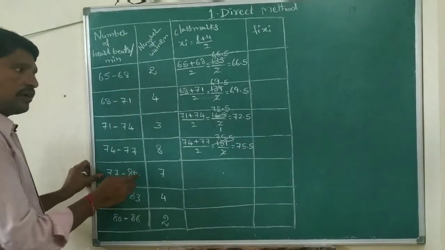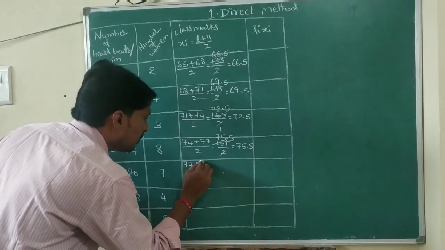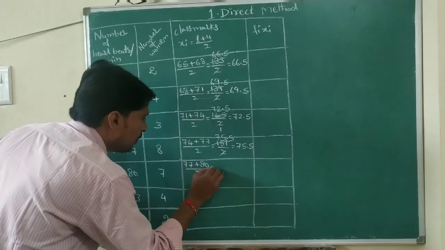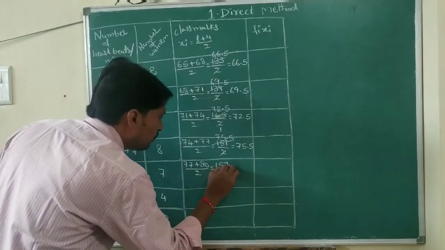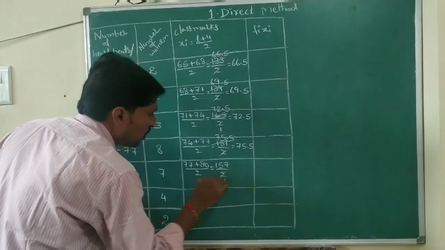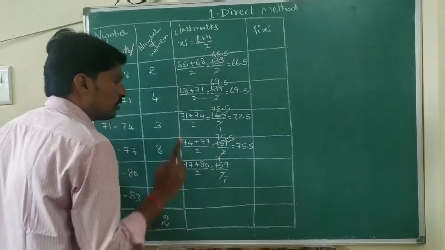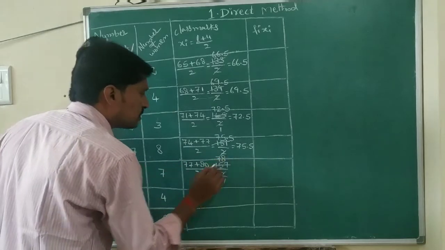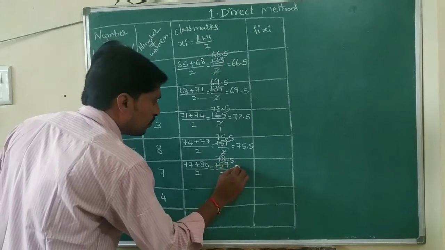Next, 77 to 80 class interval: lower limit 77 plus upper limit 80 by 2. 77 plus 80 is 157 by 2, which is 78.5.